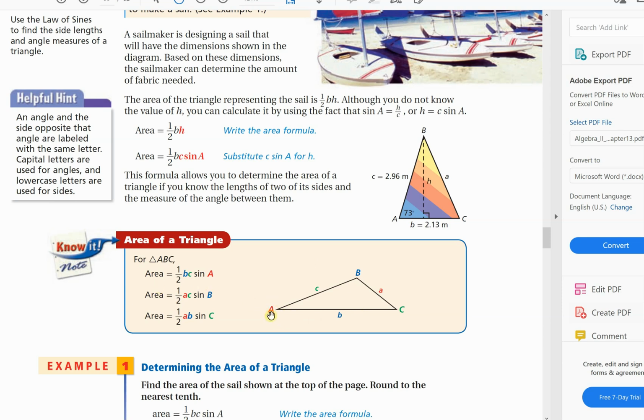So for example, if I know side B and side C and angle A, I can use 1/2 BC times the sine of A. If I know C and A and angle B, I can find the area by finding 1/2 AC times the sine of B. And then if I have angle C, as long as I know A and B, I can plug them in and find the area of the triangle that way. So three formulas depending on which angle and which sides you know.